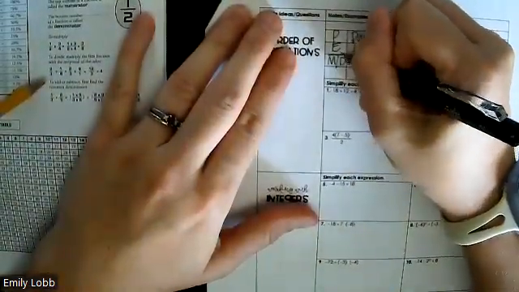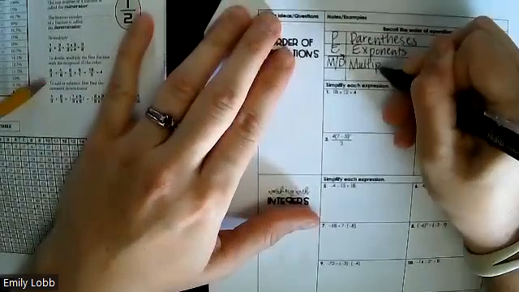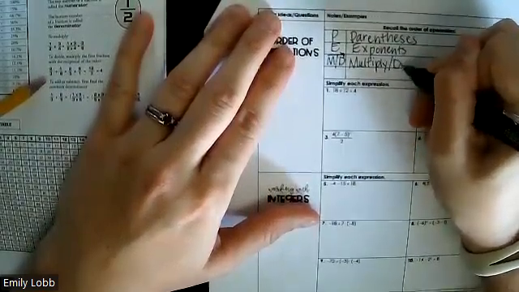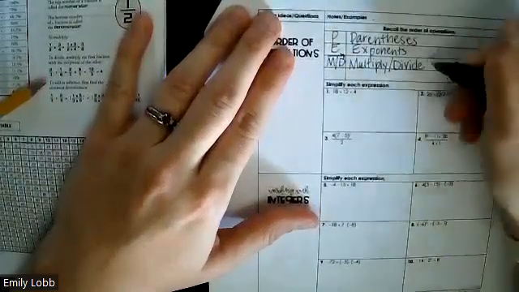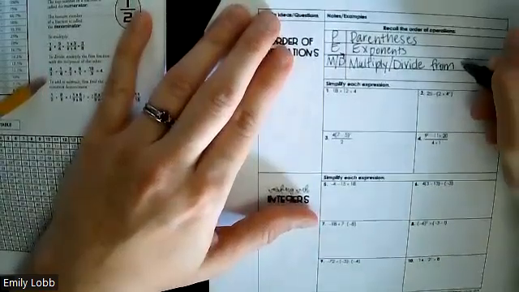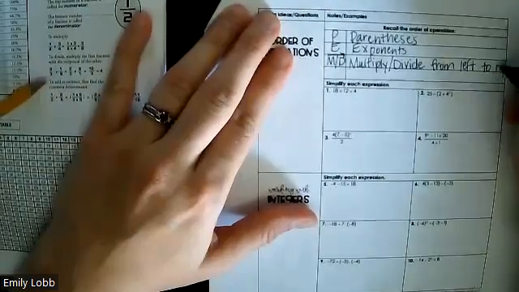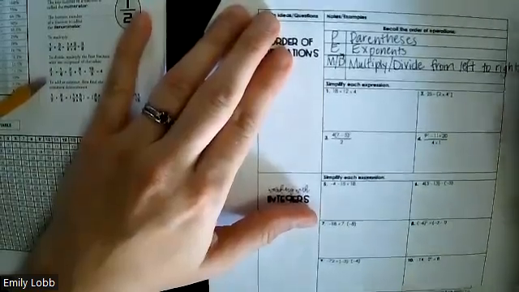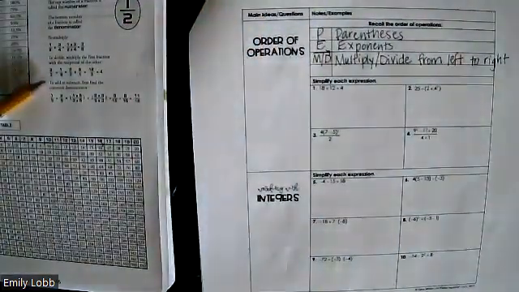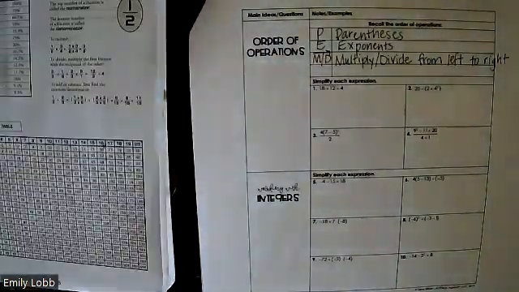My dear, this is multiply and divide from left to right. It's important that we remember it's from left to right. Just because we say multiply first, if division's on the left, we're going to do that first.